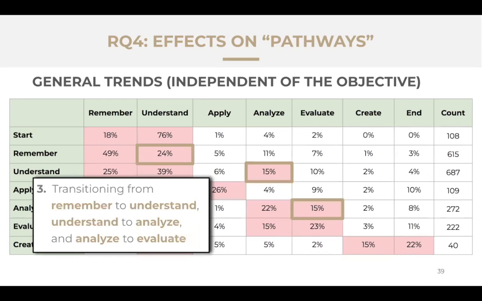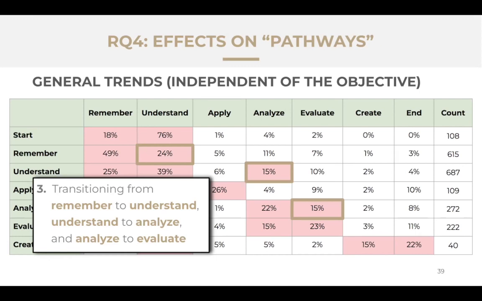The other thing that's interesting, I think, is that we tend to transition from remember to understand, understand to analyze, and analyze to evaluate. That means that, if you think about how we learn, we go from memorization to internalizing what we've read, so that we can actually explain it to ourselves and to others. It means that we often go from understanding things in isolation to understanding how they relate to other things.